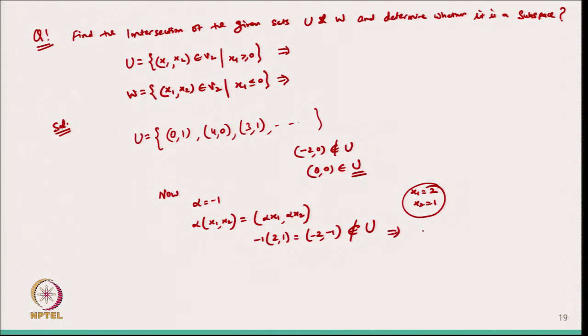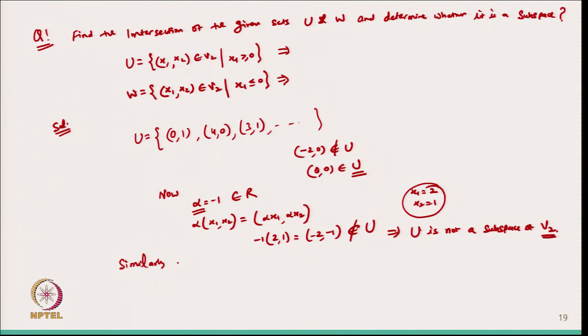So, from here I can say that U is not a subspace of V2, because this alpha is coming from the real line, so it can be anything.